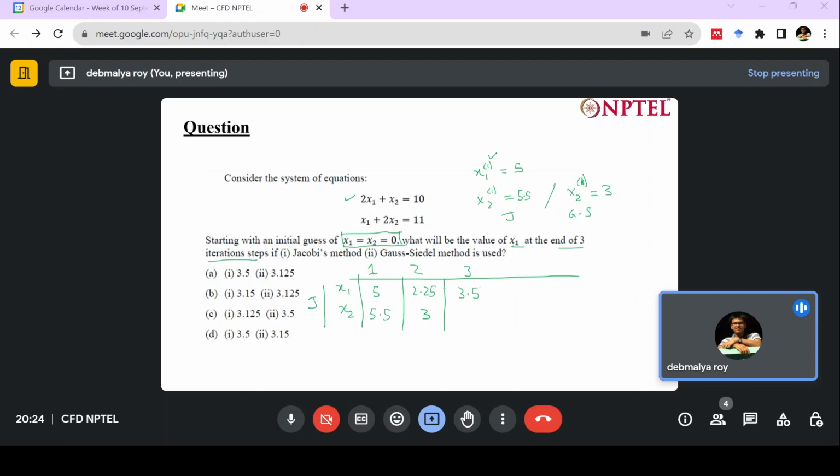Whereas x1 is 2.25, so this is 8.75 divided by 2, which is about 4. So this is Jacobi, and we can do the same with Gauss-Seidel.